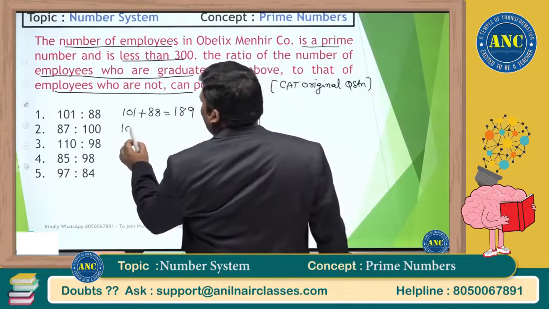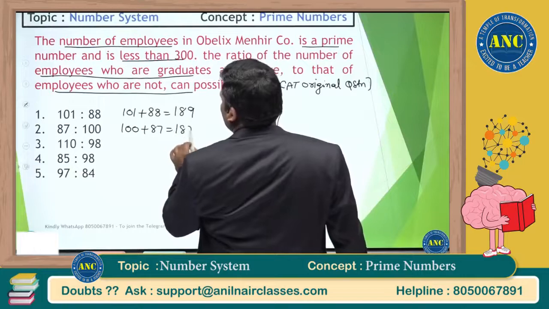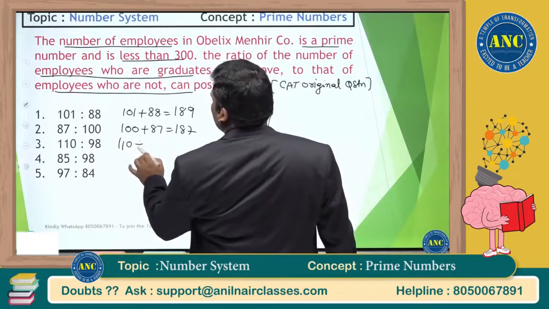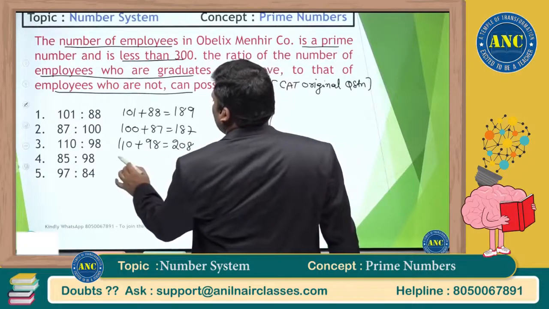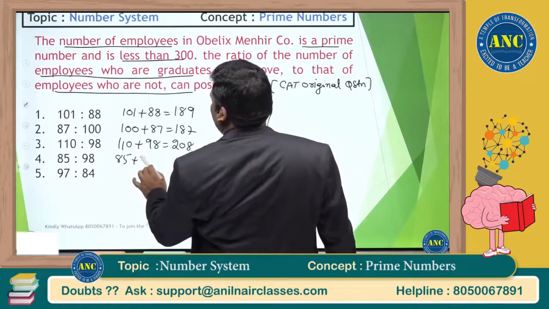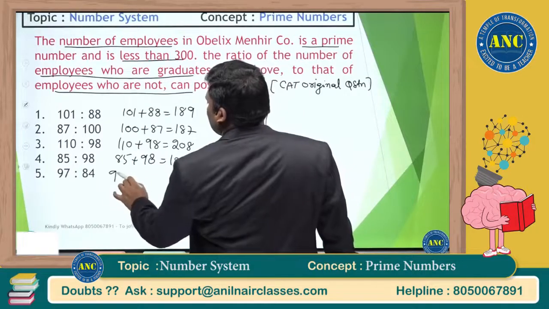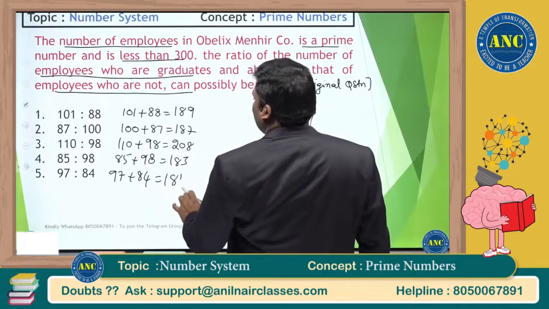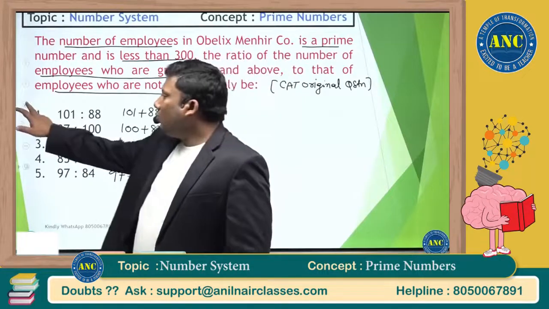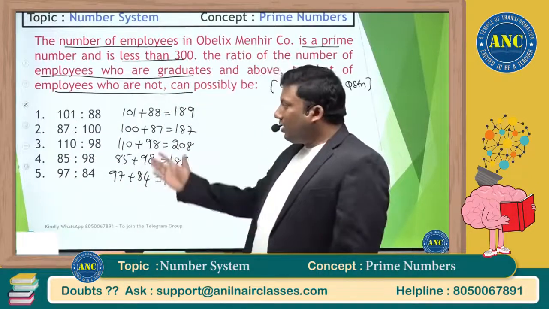This is 100 plus 87, which is 187. This is 110 plus 98, 208. It is 85 plus 98, 183. This is 97 plus 84, which is 181. Out of these 5, one number is possibly a prime number.